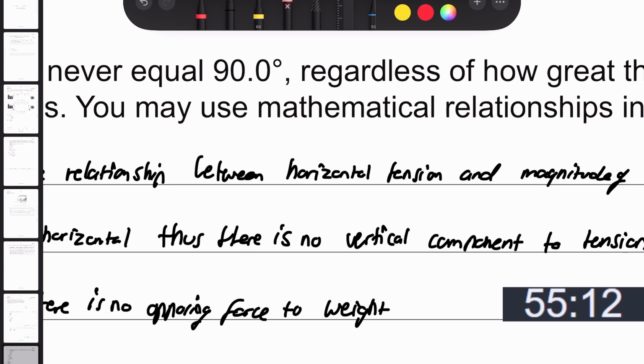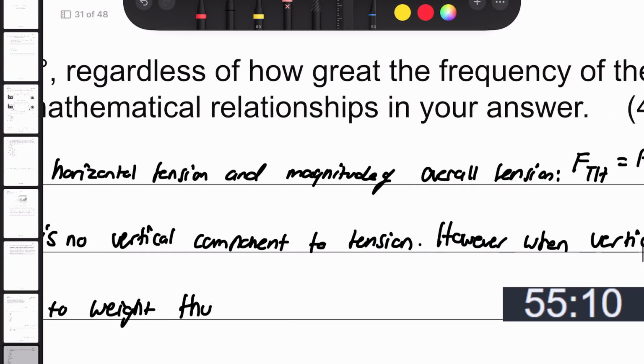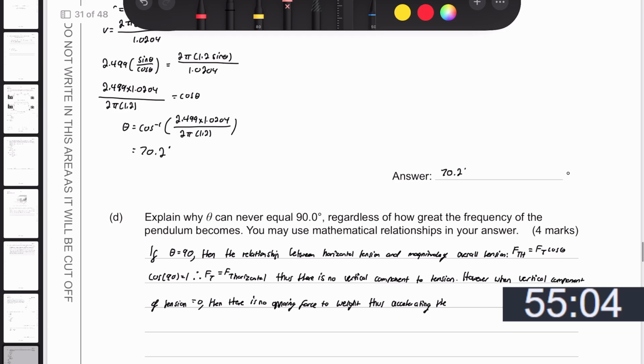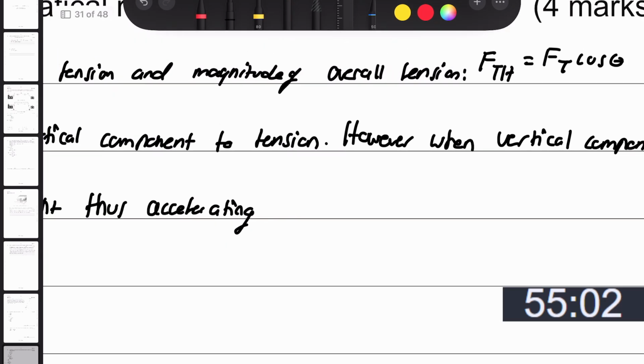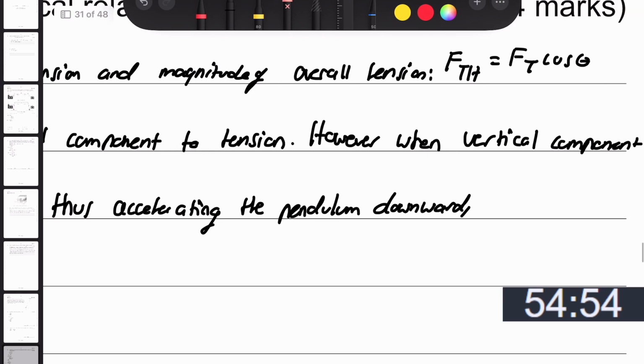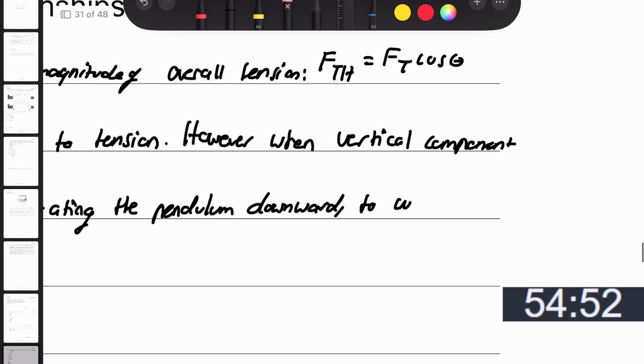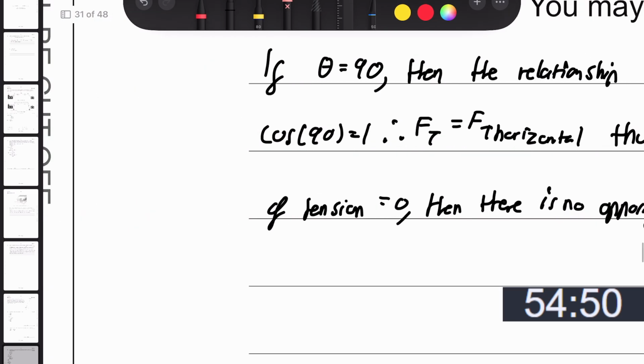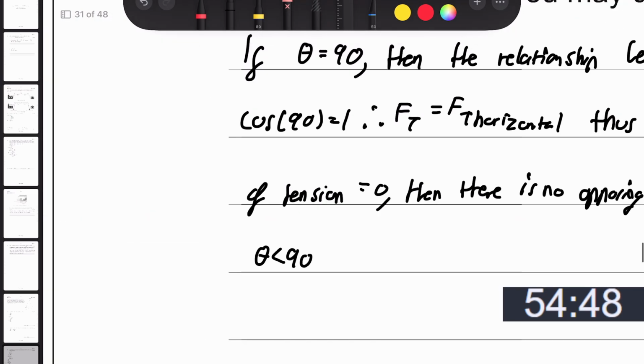Thus, it would bring accelerating the ball, or accelerating the pendulum down, to a theta less than 90 degrees.